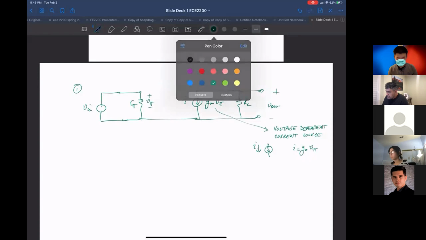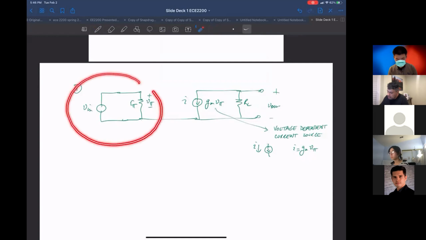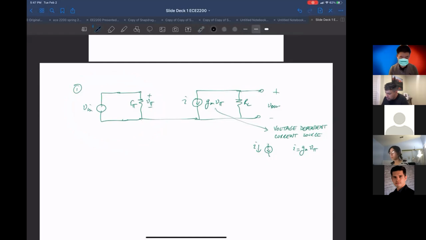So you basically start by doing Kirchhoff's voltage law in this loop to get a relationship. Let me take a step back. The question is, what is V out versus V in?